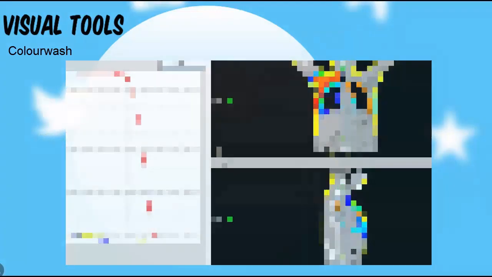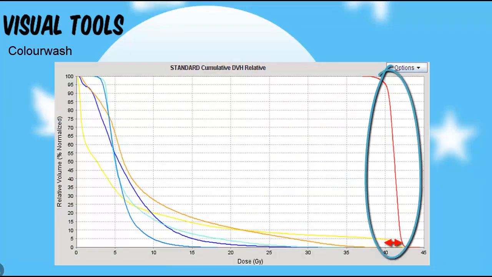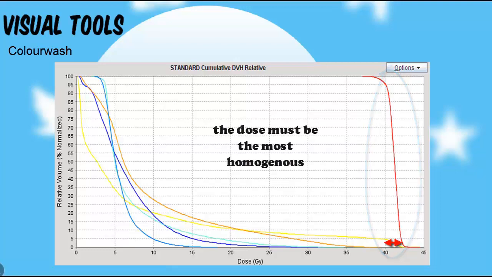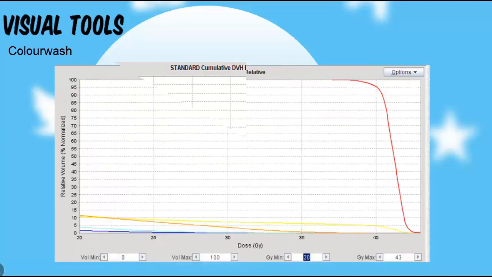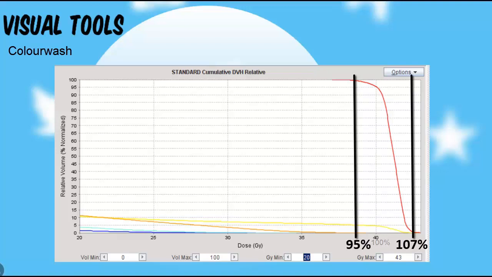Before demonstrating an example of this, I want to talk about the following characteristic, which is the variation of dose in the target volume. The objective is that the dose that has been deposited in that target volume, in this case the PTV, must be the most homogeneous it can possibly be. Today, the heterogeneity of the dose prescribed in the PTV must be within plus 7% and minus 5% of the prescribed dose.